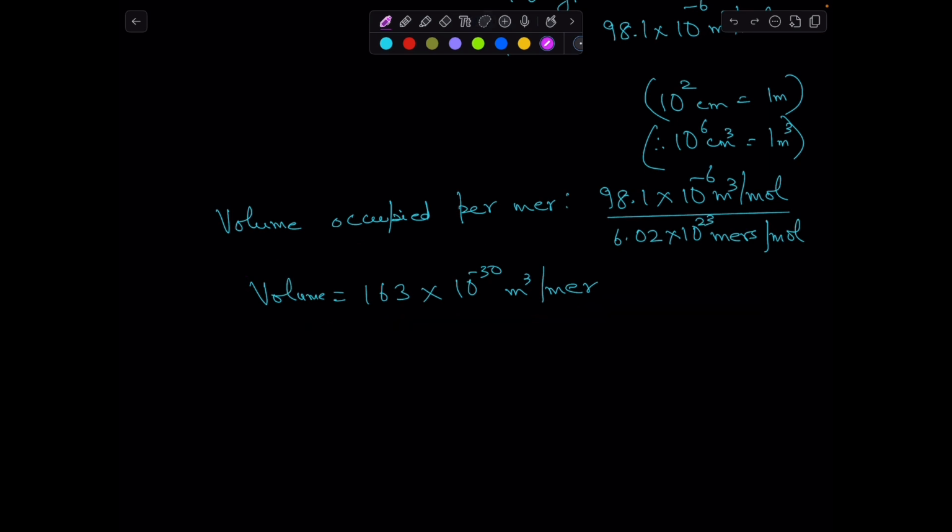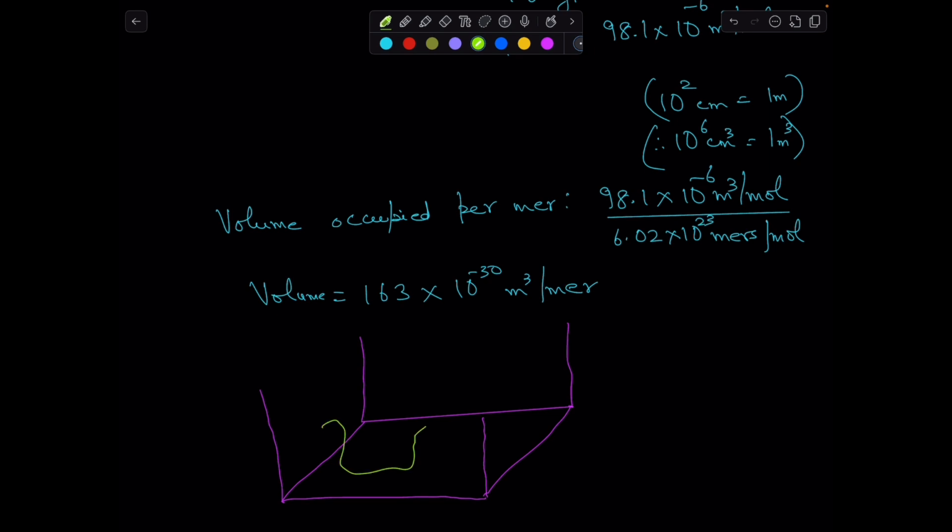For that, let us assume that the space is a cubical space of unit length, and you have these polymers in the form of a train or pancake, and then there are some loops, and then there are some brushes or tails.